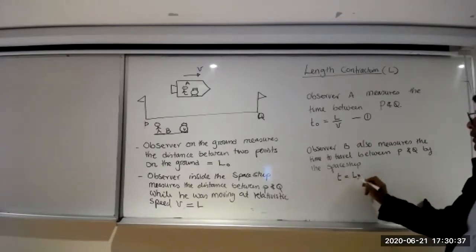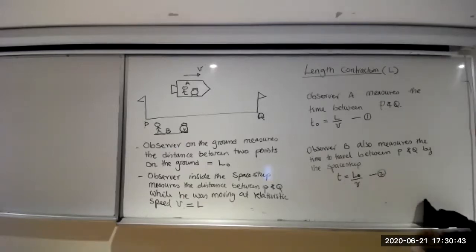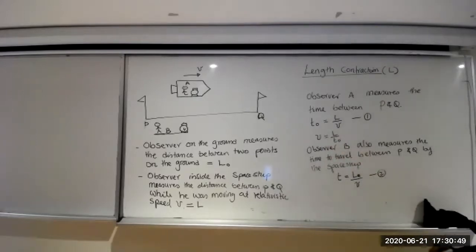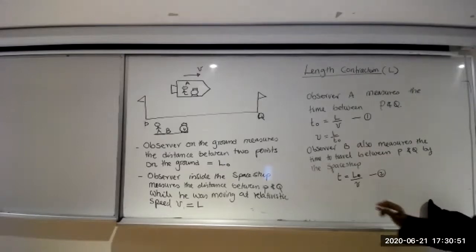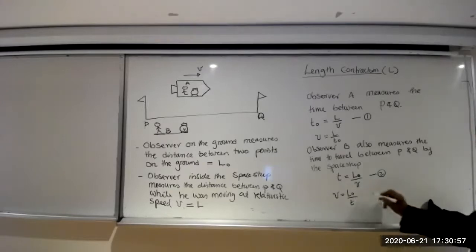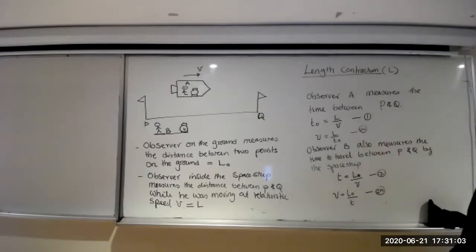Distance was that, and V. So I can say V is equal to L over T naught. Here V is equal to L naught over T. We're talking about the same thing.